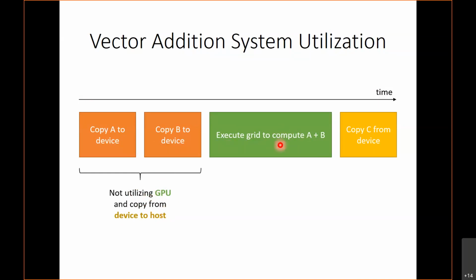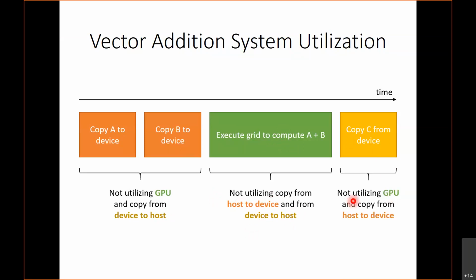When I execute on the GPU, my hardware that does the copying to and from the GPU is idle. And then when I copy from the GPU back to the host, the GPU itself is idle, and the part that can copy from the host to the device, from the CPU to the GPU, is idle.